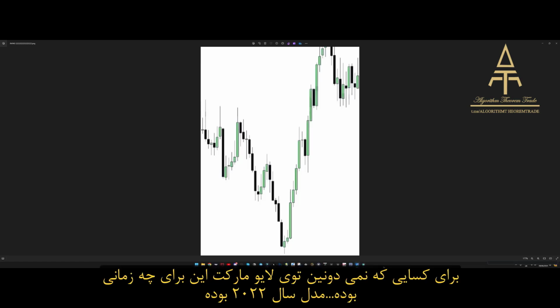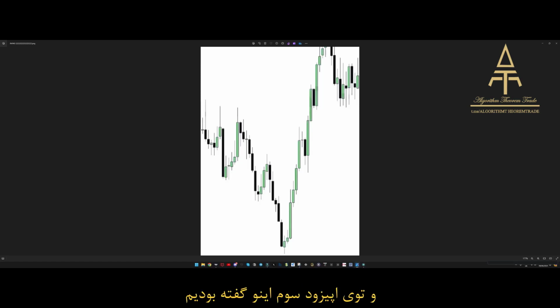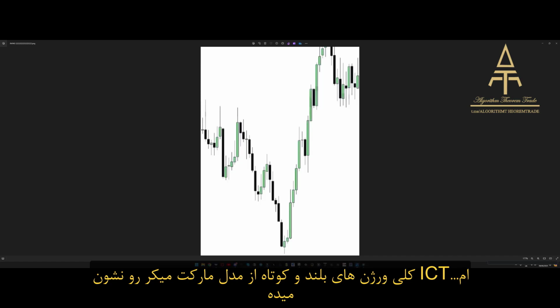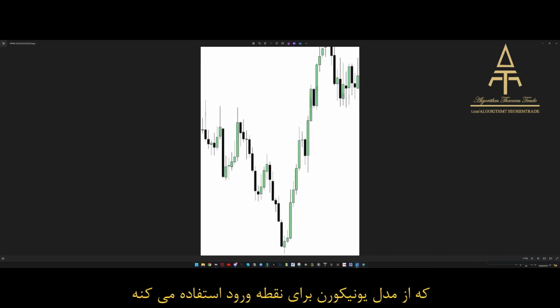For any of you that want to view this in real time, this was from the 2022 model, episode 3. ICT shows a long and a short version of the market maker model using the unicorn models for entries.